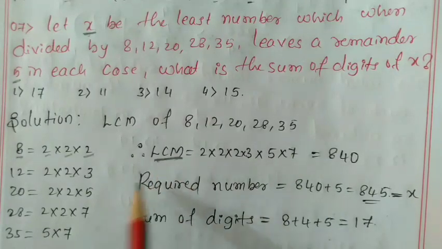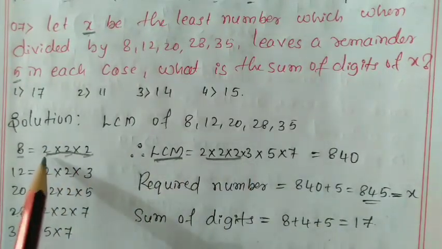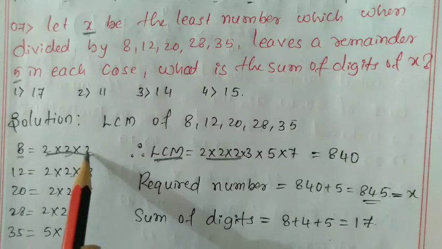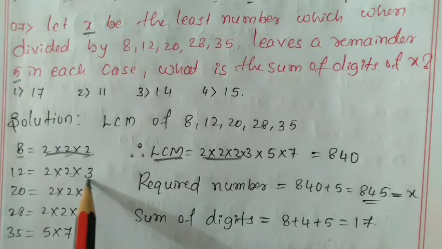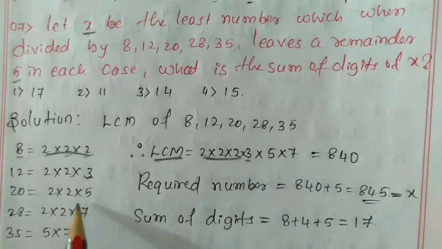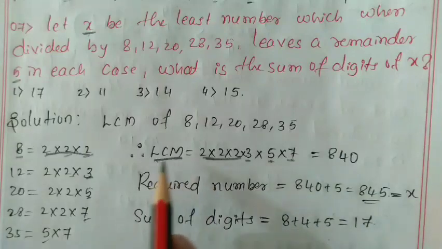You can find here the LCM. LCM means you can write 2 three times, because here a maximum of 3 2's are there. So that's why you can write 2 three times. After that only one 3 is there, you can write this one, and 5 only one is there, you can write. Okay, so 7 once you can write. This 5 we already wrote here, and this 7 we already wrote here.